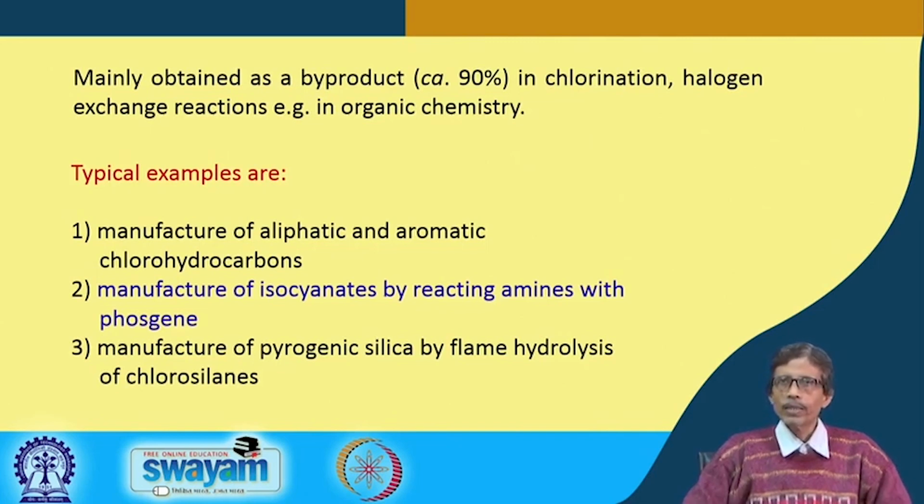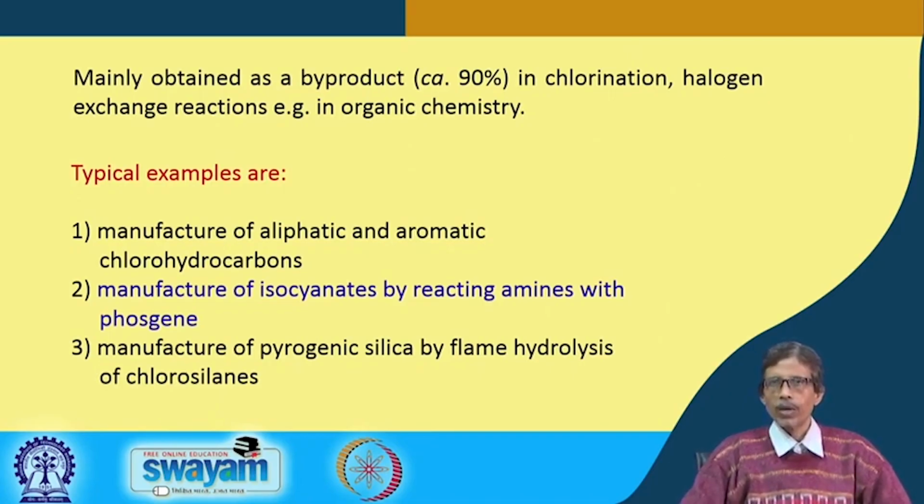If we are not able to take care of that gas, which is basically a valuable byproduct, we will just throw it away into the environment. So it will pollute the environment, and there should be a very serious environmental concern out of that.